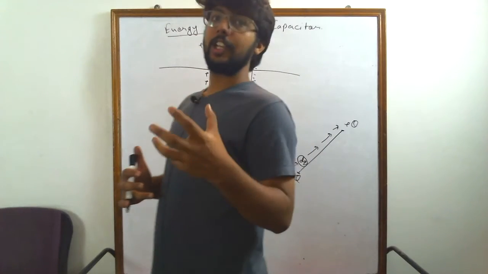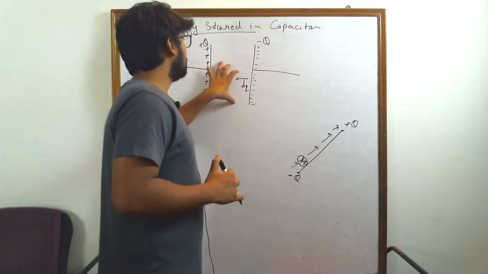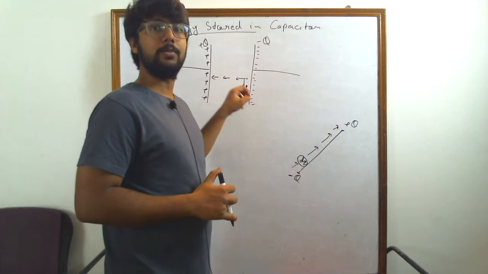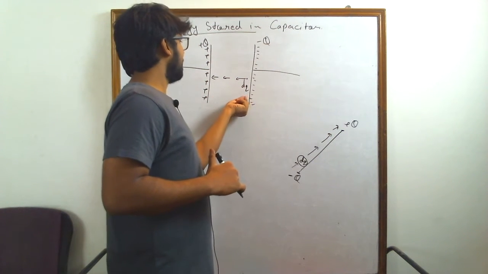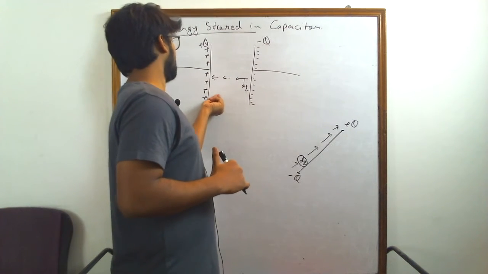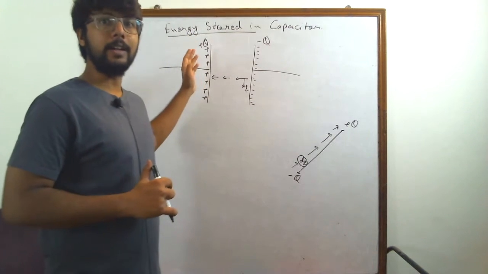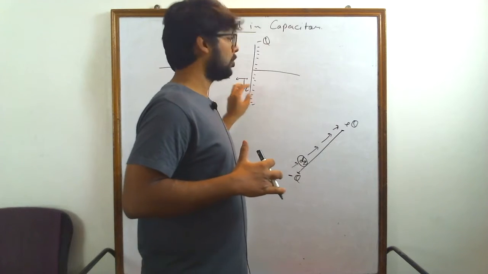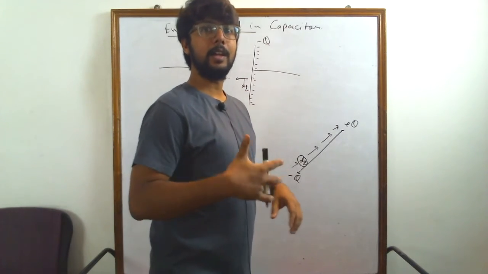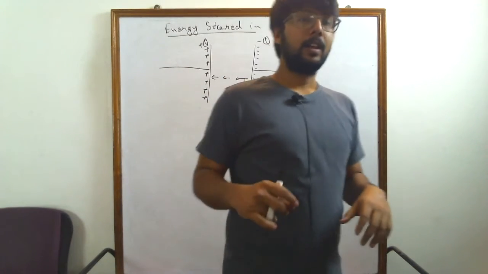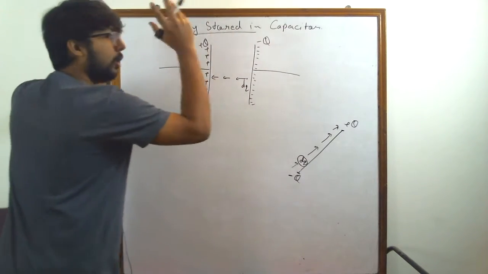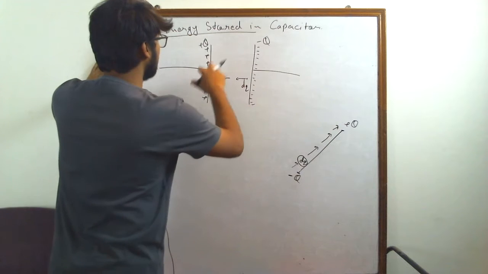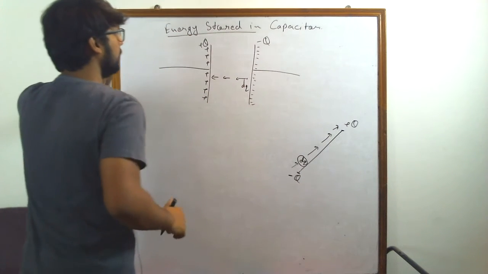But here the force changes. The force is not linear. As I'm getting closer and closer to this side, the force on the charge keeps on increasing. Therefore, it is not as simple as that example, but the concept is the same. Just the way of figuring it out is different.